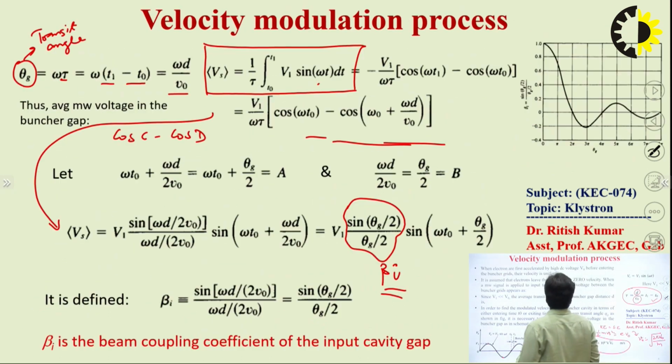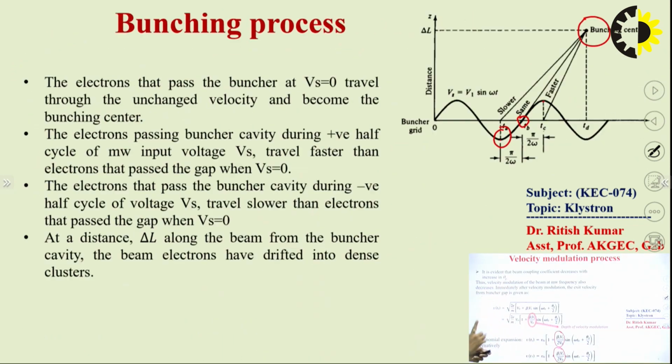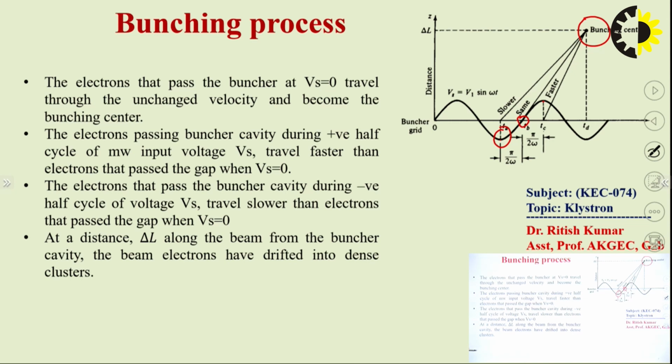So this is the process of amplification in the two cavity klystron. This bunching phenomenon occurs repeatedly by applying the RF input signal.